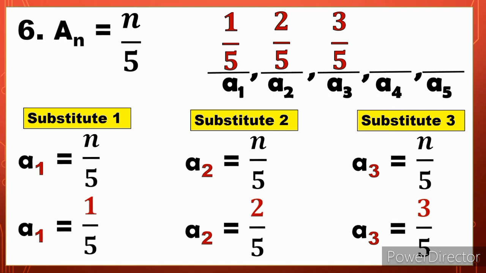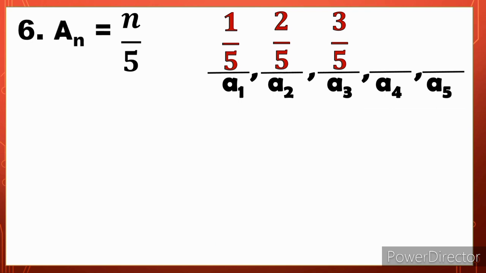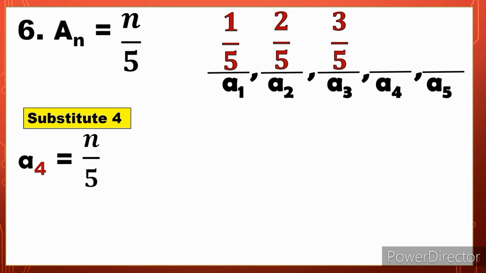Okay, next, to find the fourth term or a sub 4, we substitute 4. So, now we have a sub n equals n over 5. So, papalitan yung n ng 4. So, it becomes a sub 4 equals 4/5. So 4/5 is in simplest form, therefore the fourth term is 4/5.